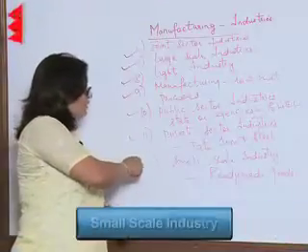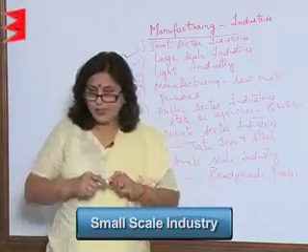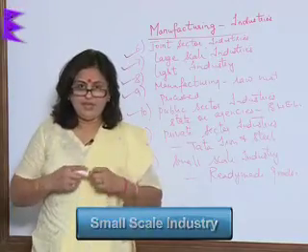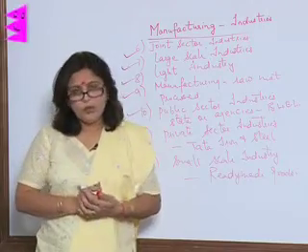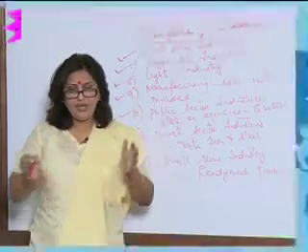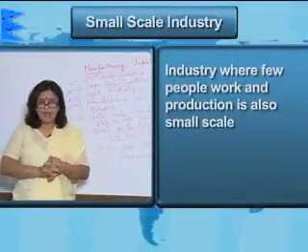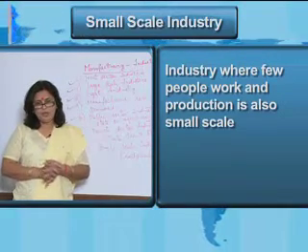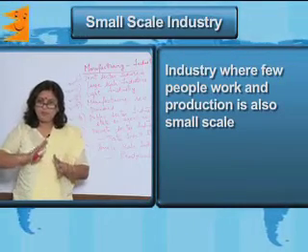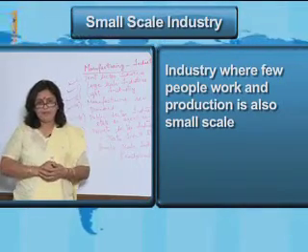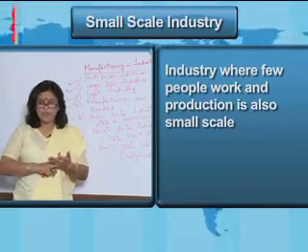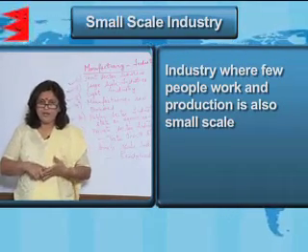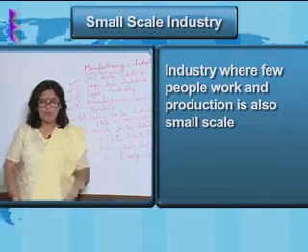Next is small scale industry. Small scale industry can also be called a household kind of industry, where few people work and the production which comes out is also at a very small scale. So, the labor required, the money required, and also the goods which come out of it and the raw material are all very, very small.